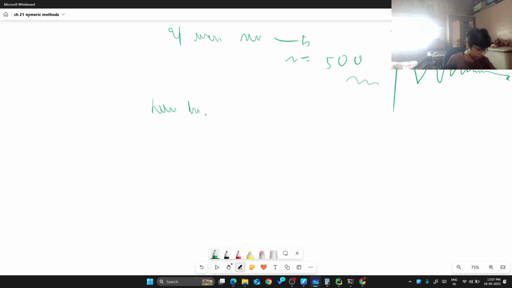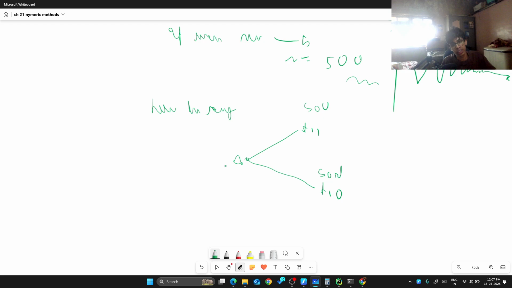How to find Greeks? Let's say we have f11 and f10, and delta, and we have S0 up and S0 down. Delta is simple. It is the change in option price with respect to stock price.